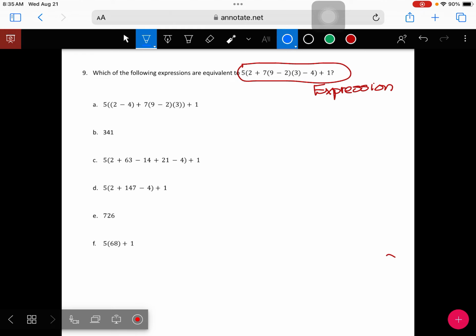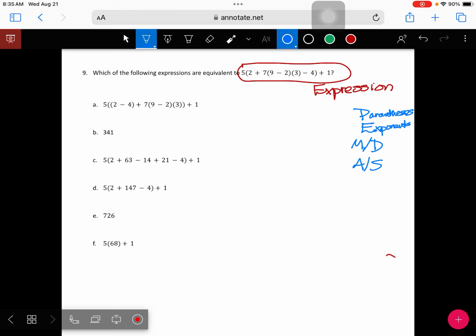PEMDAS. Yes. And when you hear PEMDAS, I hope you think of it kind of like this. Because it could be PEDMAS instead of PEMDAS, right? What does the P stand for? Parentheses. You do those first. And the E? Exponents. And what's this M/D?